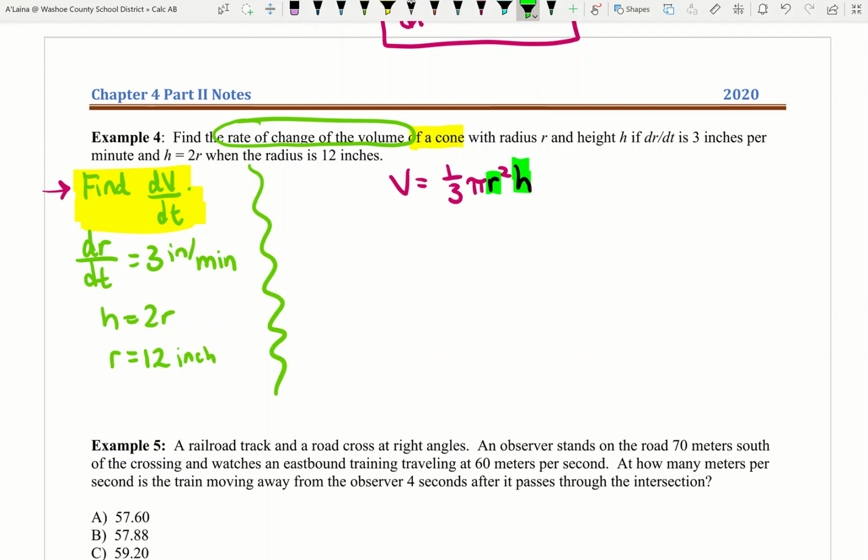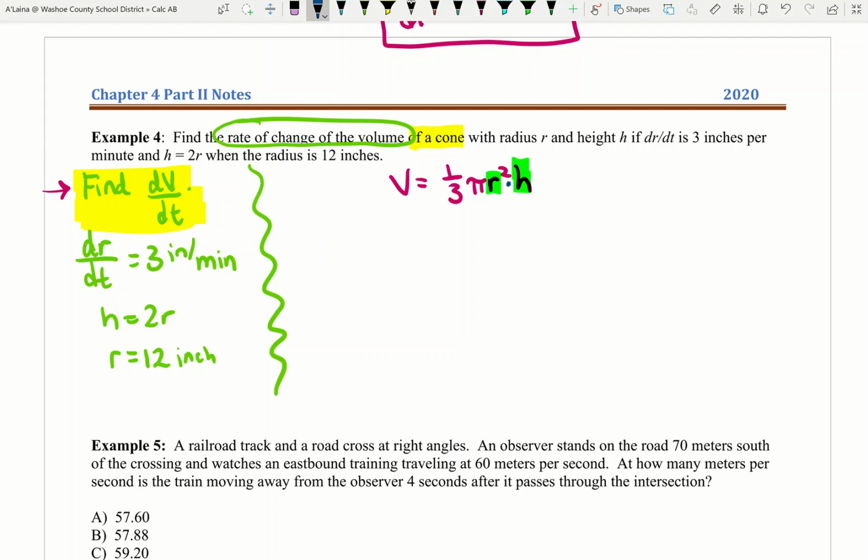If you take the derivative with the way it's currently written, you are going to have to use the product rule. That's not very exciting. And you'd have to use the product rule implicitly. No fun, and maybe not even possible that way. We may not have enough information. There are times where you can't avoid that.